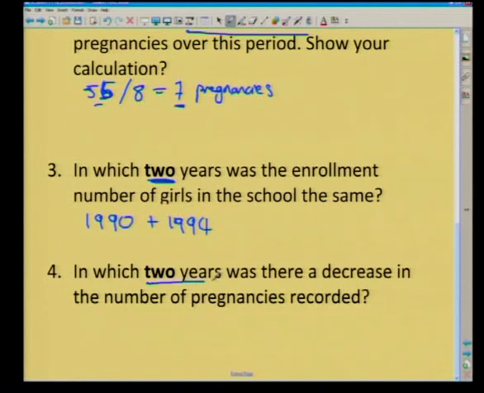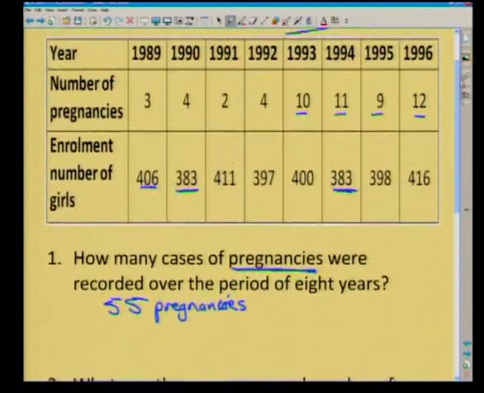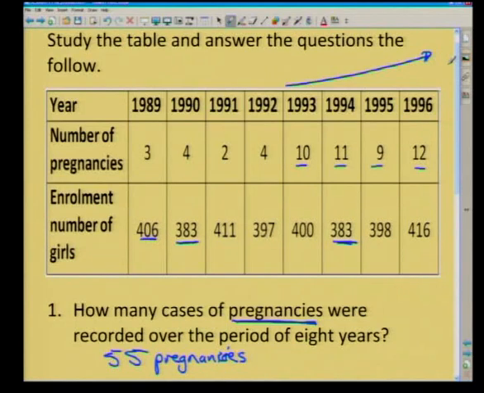In which 2 years was there a decrease in the number of pregnancies recorded? So let's have a look at where there was a decrease. All you need to do is look, but remember, a decrease would be from one year to the next year. So when was there a decrease? We've got 1991 and 1995.